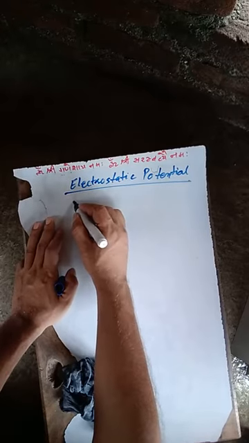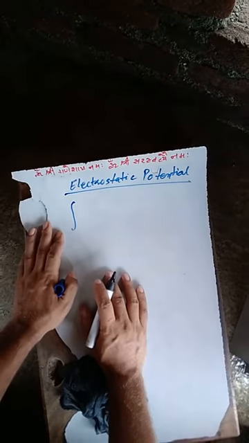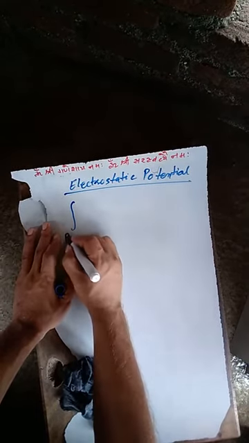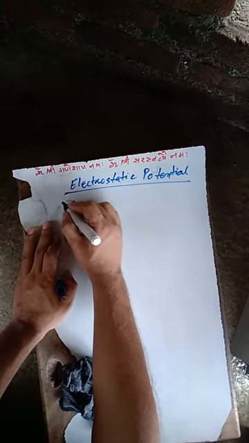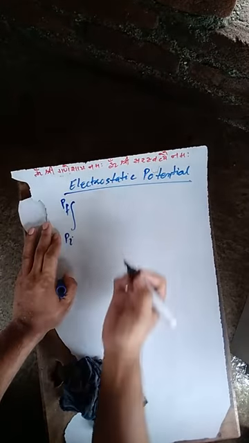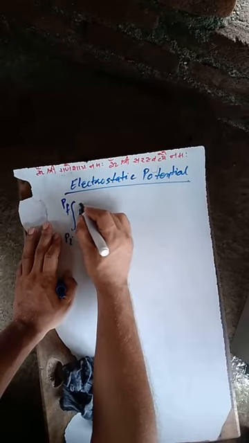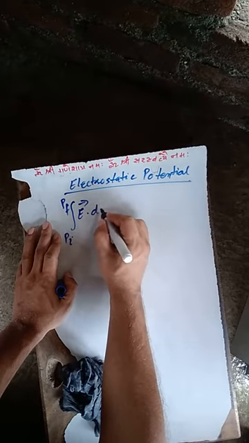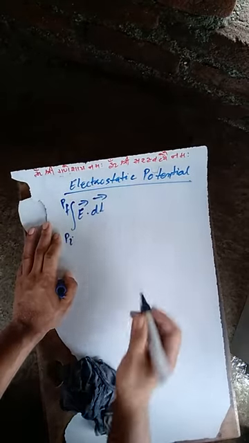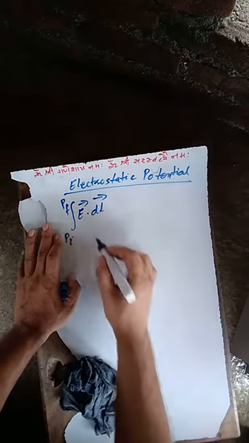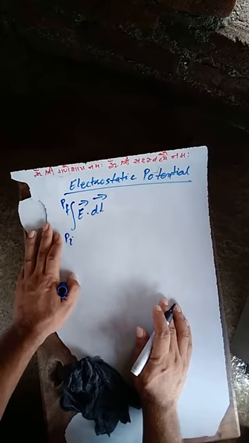अभी तक हमने पढ़ा है line integral of electric field. And what is that? This is your initial position, this is your final position Pf, and vector E dot vector dl. This is your line integral of electric field.